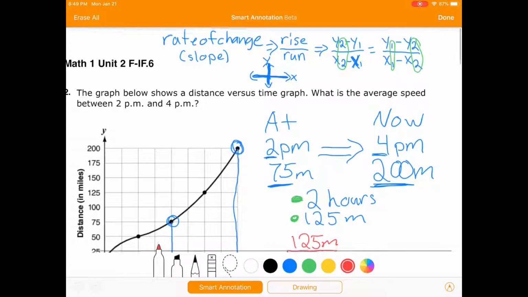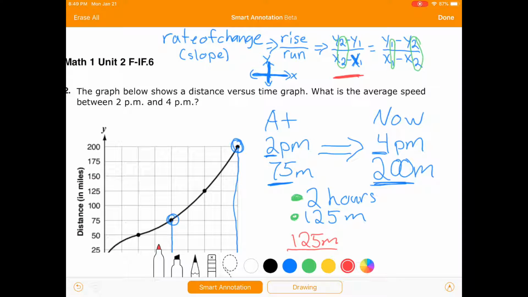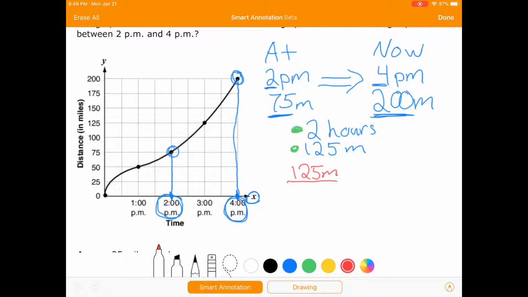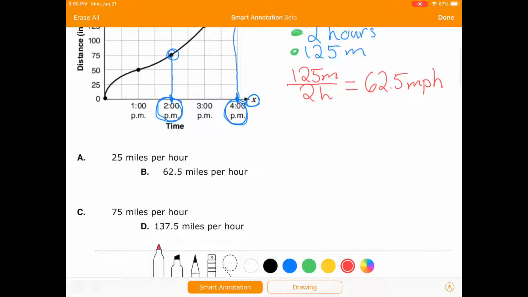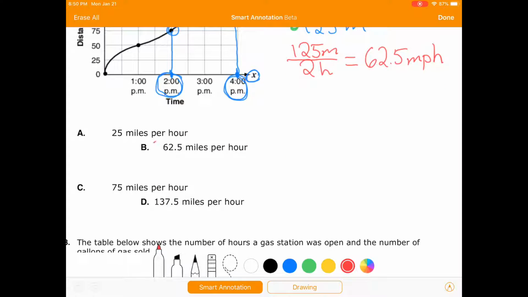Again, going up to what we did up here. So we've got 2 hours as our x values. When you divide this out, this is hours, you get 62.5 miles per hour. And that will be letter B.